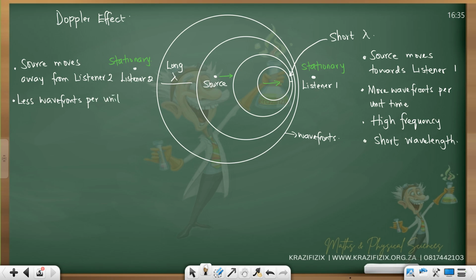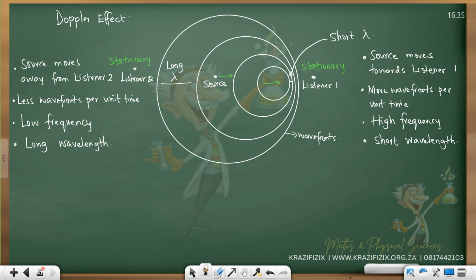It takes a longer time. By the time the first one reaches, then the second one, listener 1 has already heard 4. All right. So we talk about what? Very low frequency, because the number of wavefronts per unit time is small. Why is that so? The wavelength is now what? Long.